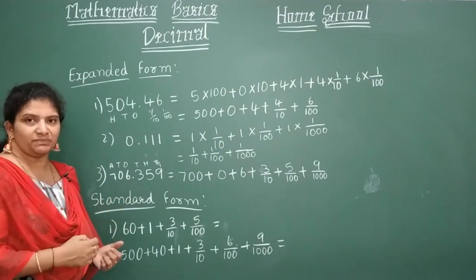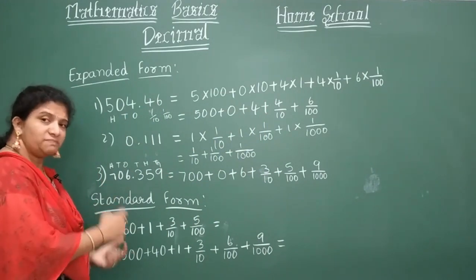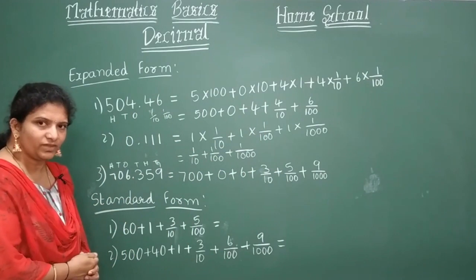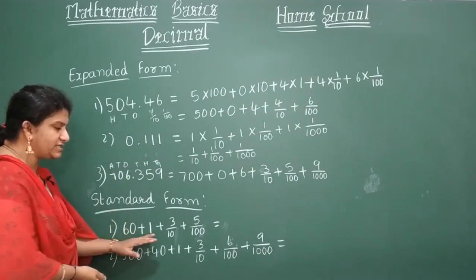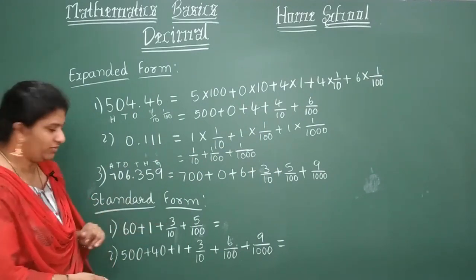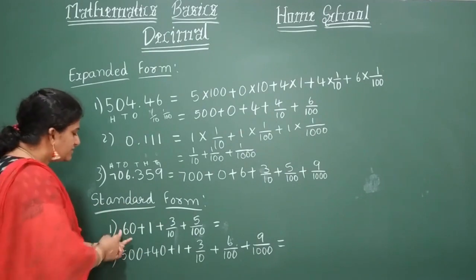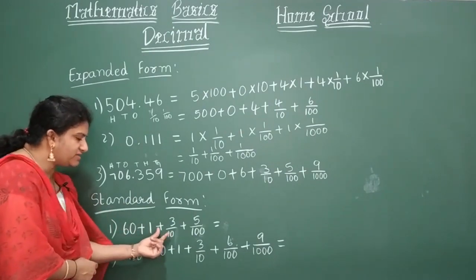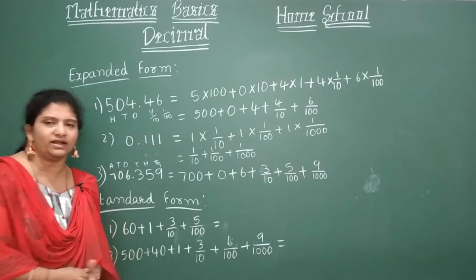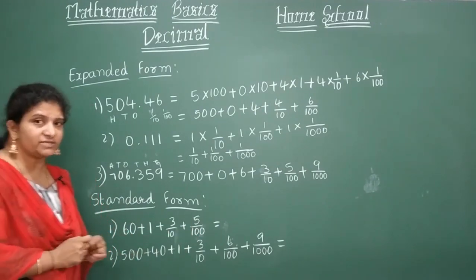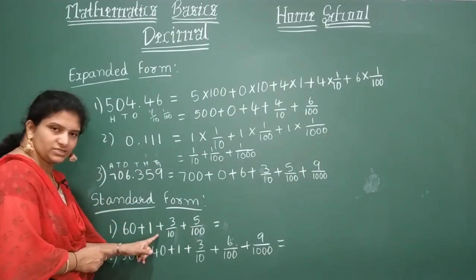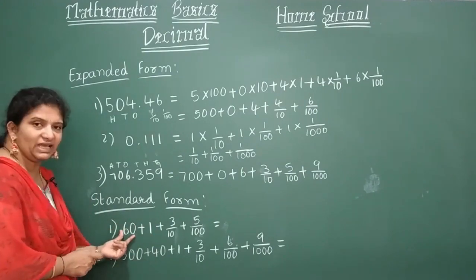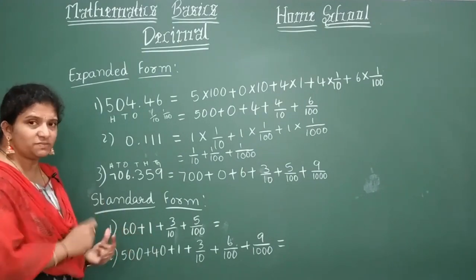Now, next one. Convert expanded form into standard form. Okay, we are going to write the expanded form into standard form. Let's start writing here. 60 plus 1 plus 3 by 10 plus 5 by 100. Observe, children, where your decimal point should come? After this one, right? So 60 is in which place? Tens place, right?